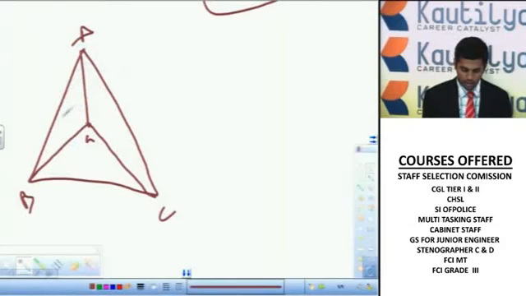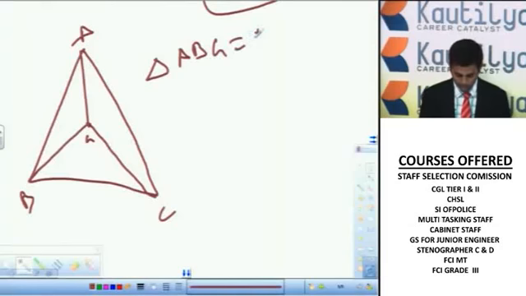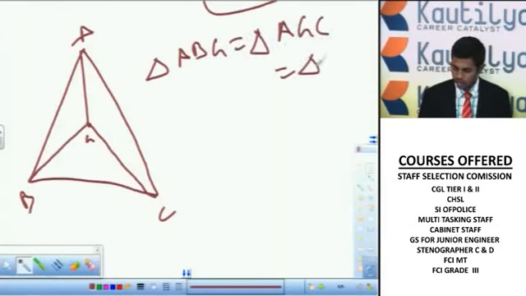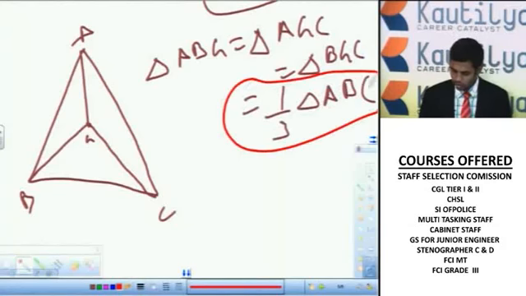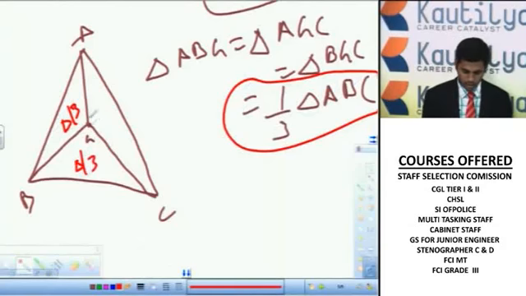That is, area of triangle ABG equals area of triangle AGC equals area of BGC equals 1/3 of triangle ABC. This is important. That is, this is delta by 3, this is delta by 3, and this is delta by 3.